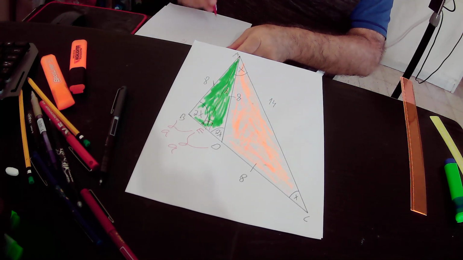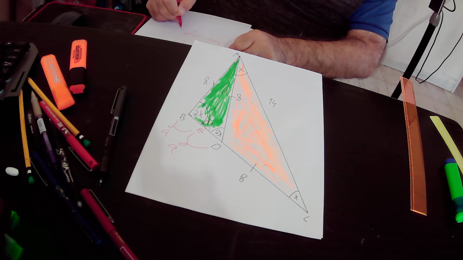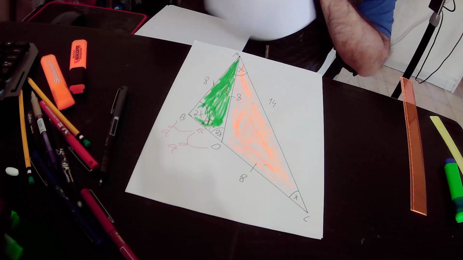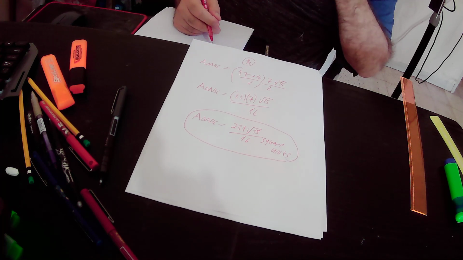So the final answer is that the area of triangle ABC equals 231 times root 15 over 16 square units. The area of triangle ABC equals 231 times root 15 over 16 square units.